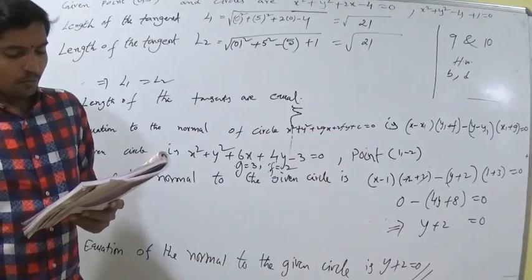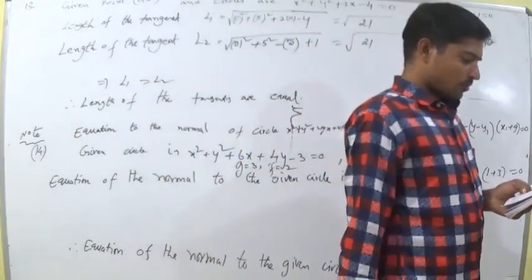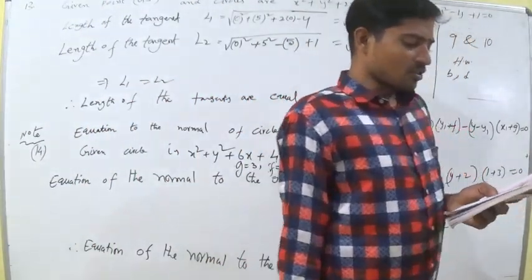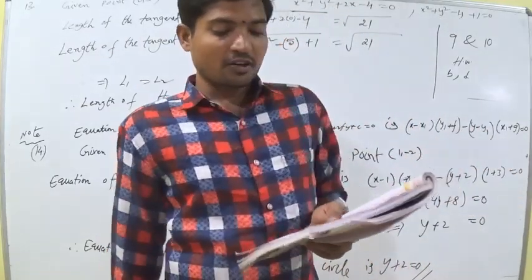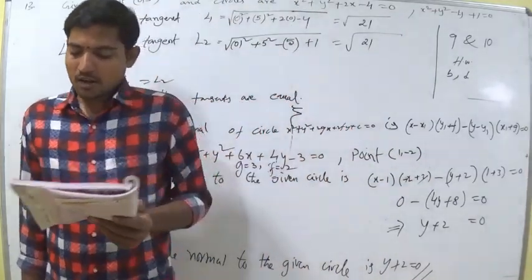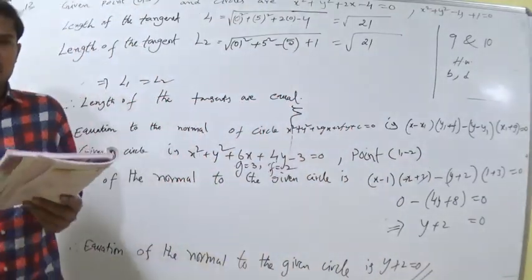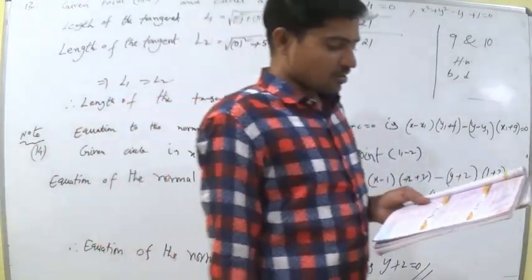Next thing, the locus of the point of intersection of the lines x sin theta plus y cos theta equal to a, x cos theta minus y sin theta equal to b, for various values of theta, is a circle of radius.